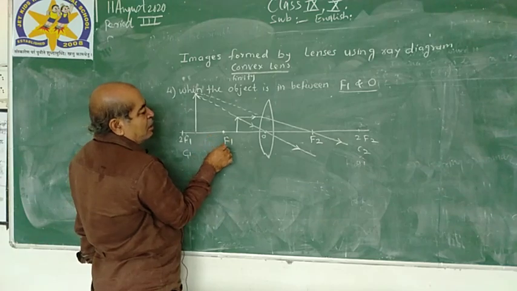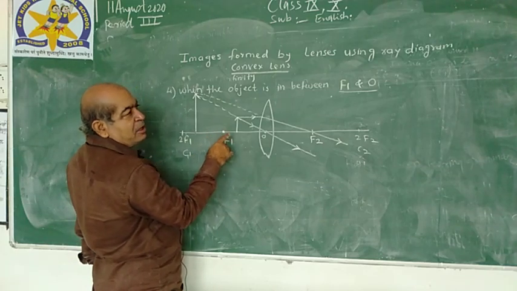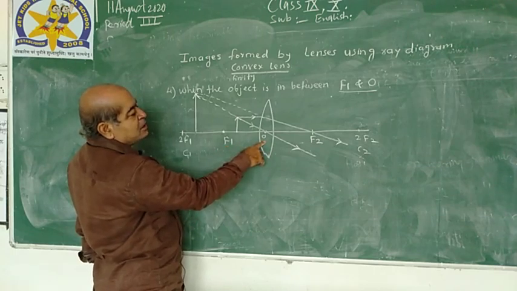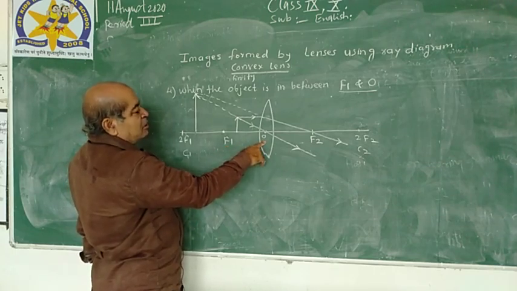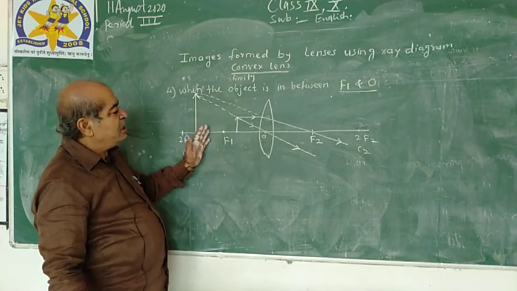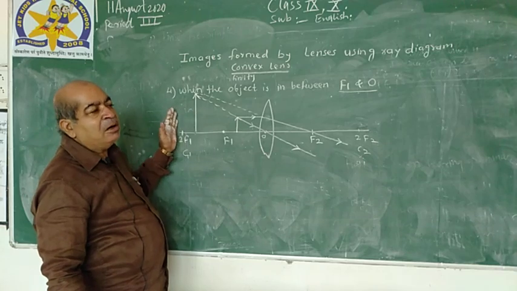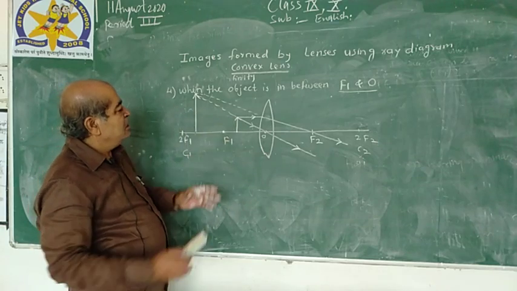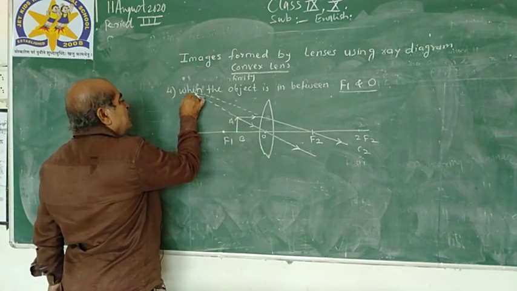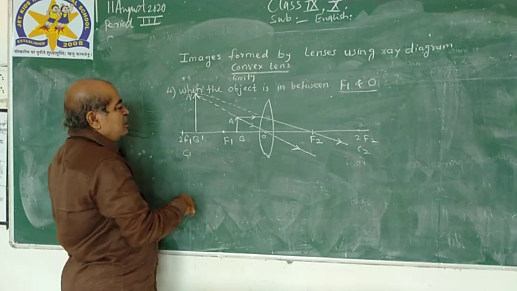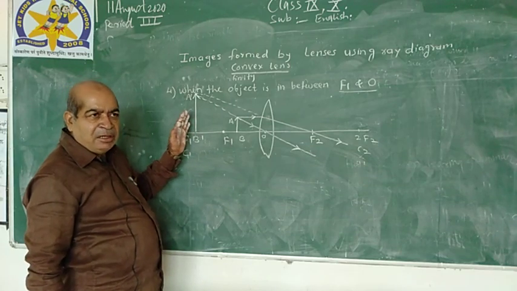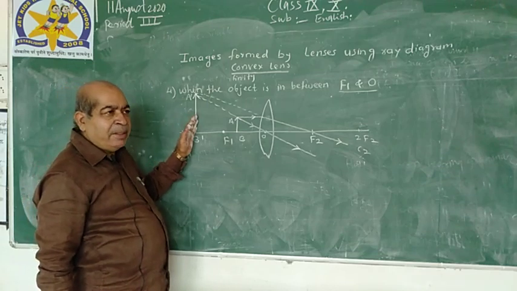When the object is in between the principal focus F1 and the optic center, then the image is formed on the same side of the object. This is then the object and this is then the image. The image is formed on the same side of the object.